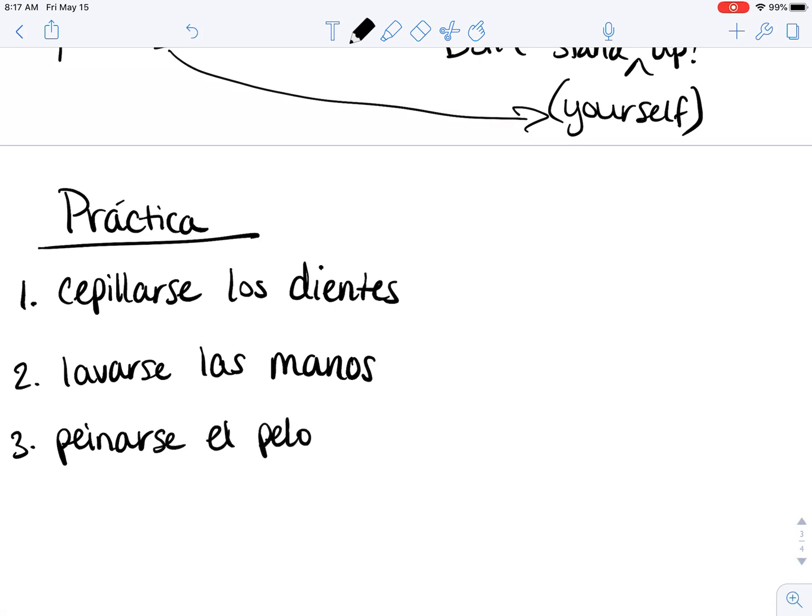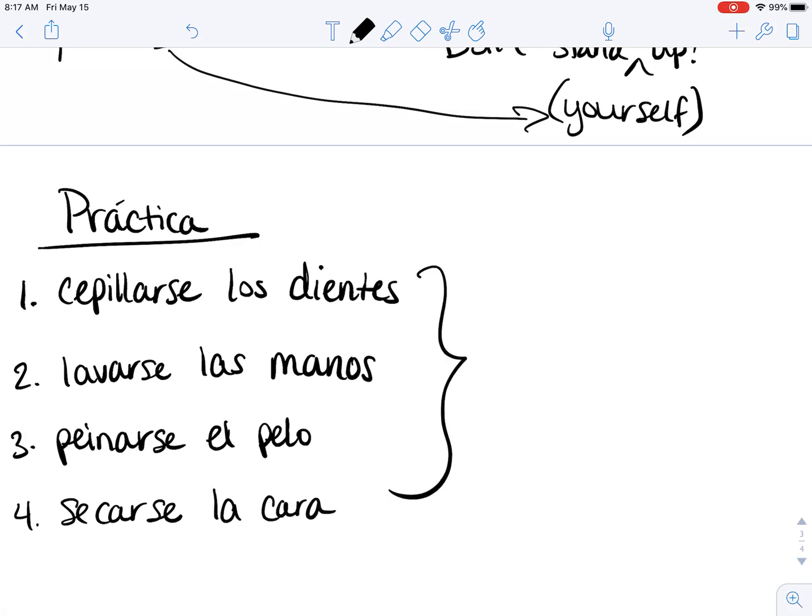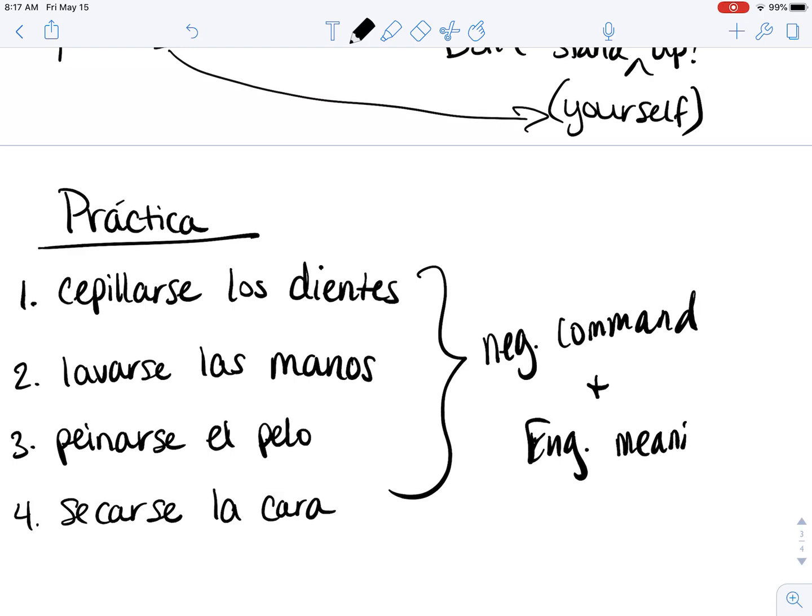Peinarse el pelo. And secarse la cara. So just as before, we want our negative command and the English meaning of that command.